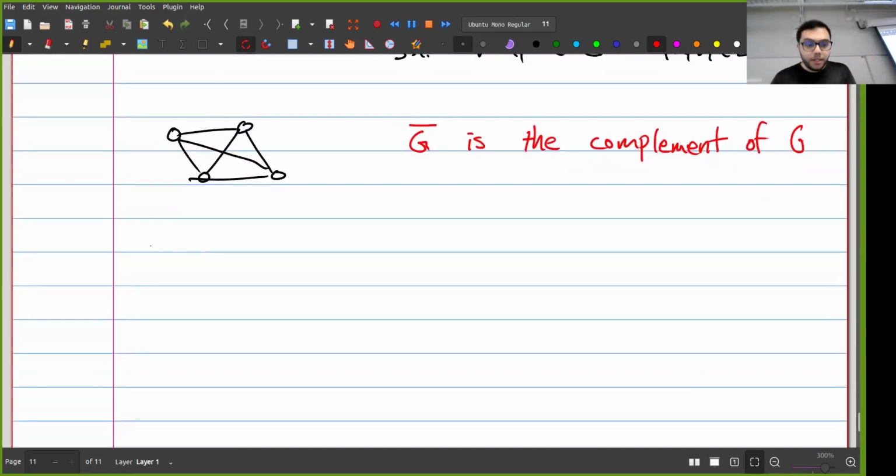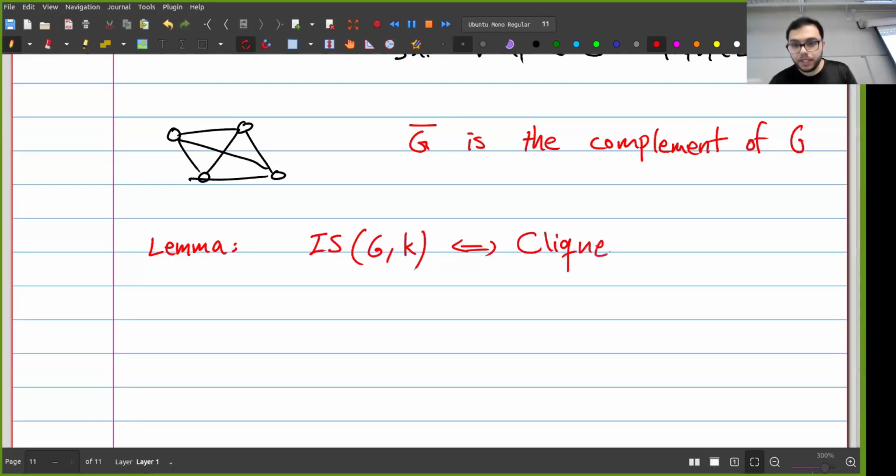Now the lemma is this. The lemma is that I have an independent set in G of size k if and only if I have a clique in G bar of the same size k.